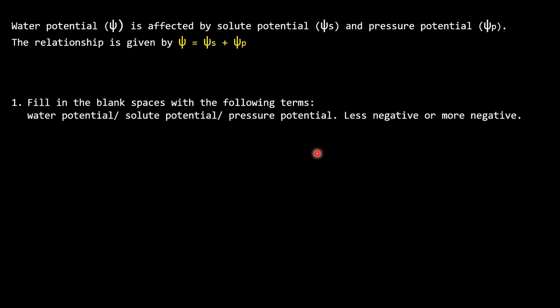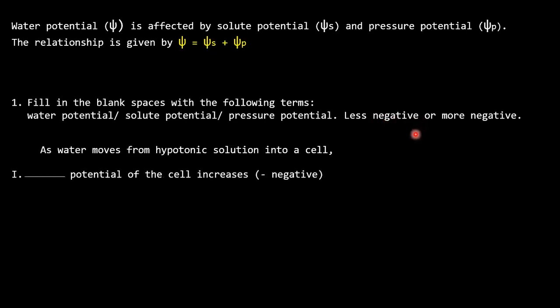Water potential is affected by solute potential and pressure potential in a relationship like this. Fill in the blank spaces with the following terms: water potential, solute potential, pressure potential, less negative or more negative.